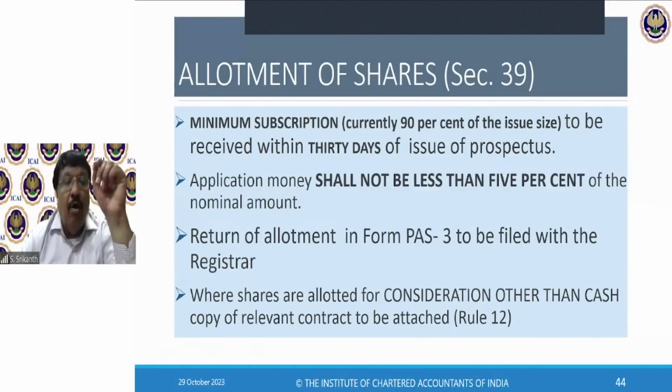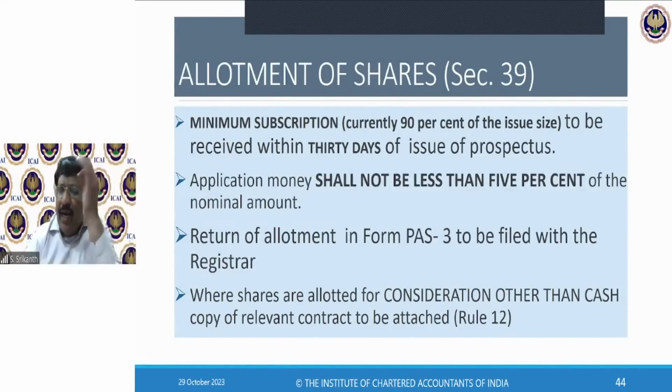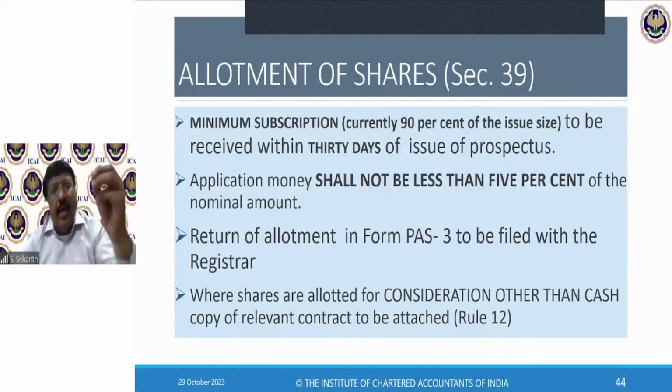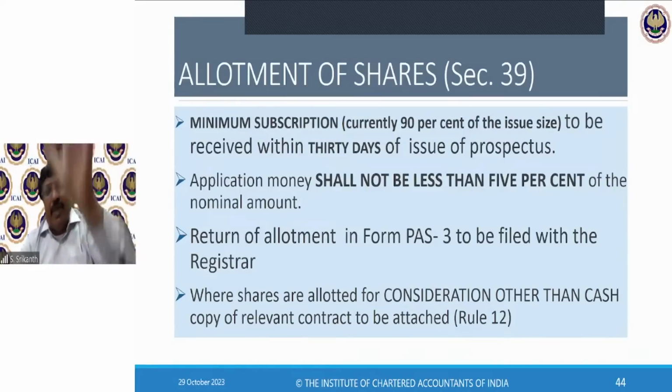Again, on this 350 rupees, I may not collect the entire money in one shot. But in 98% of the cases, the entire money is collected at the time of application. In one or two cases, only part is collected at the time of application.